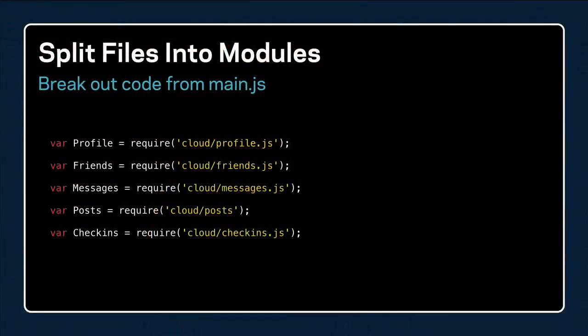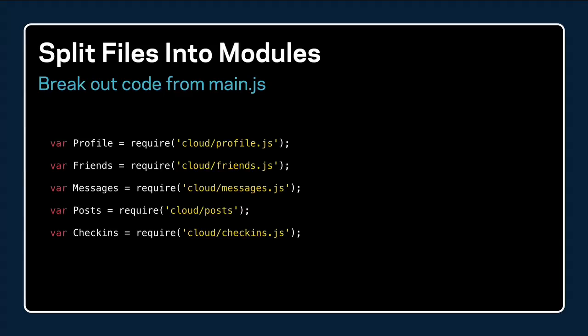By doing this, it allows you to break out the functionality so that if you're dealing with stuff like users, you put that into a user file. If you're dealing with updates or different types of objects, separate that into their own files. And in the main.js, refer back to them by requiring them back in.